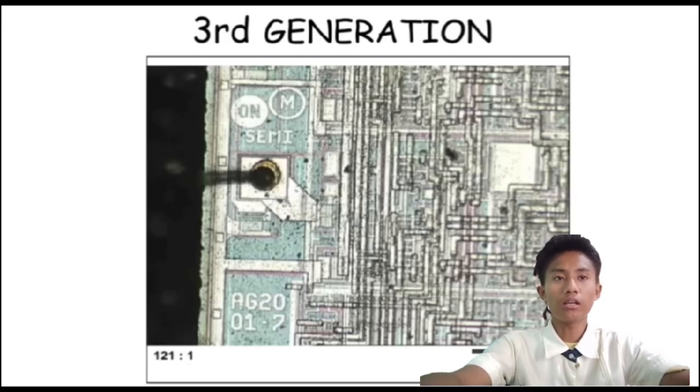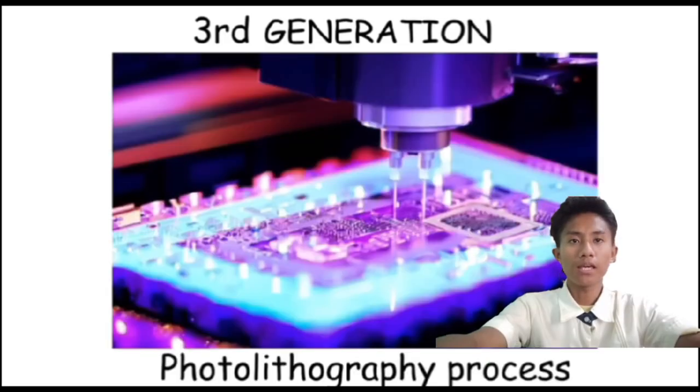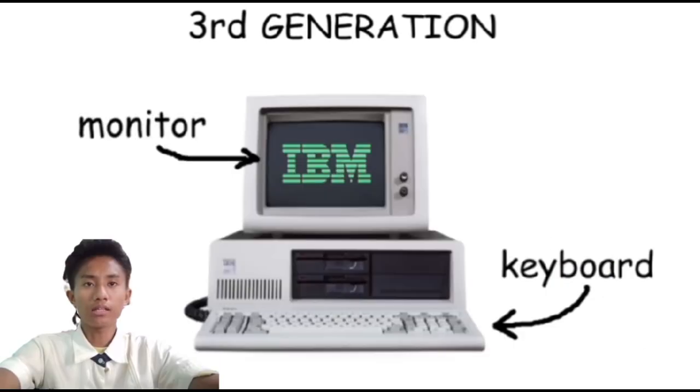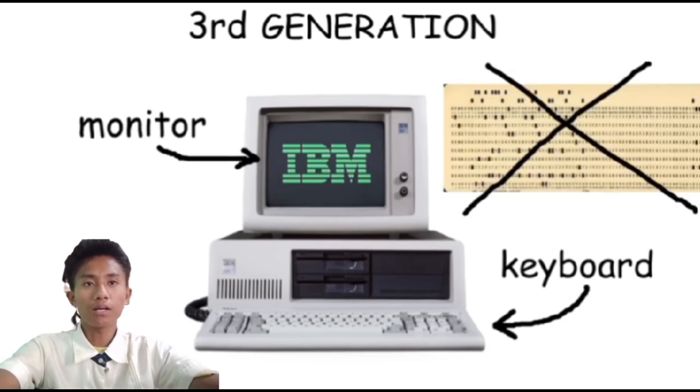These were created directly on them using a process called photolithography, which is like drawing patterns with light to form the circuit. But the most important thing is that computers began supporting keyboards and monitors, so people didn't need to use punch cards anymore to operate them.